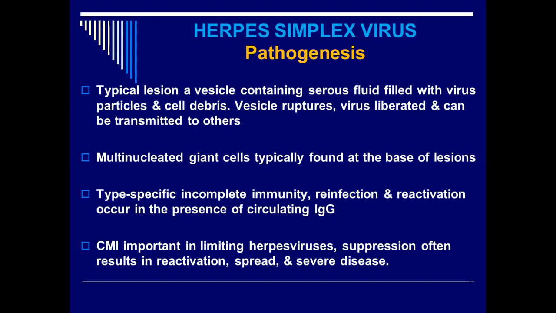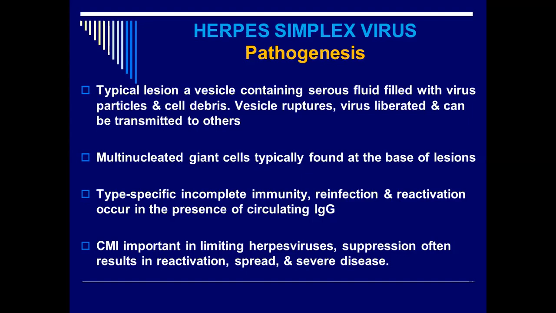The cell-mediated immune response is important in the limitation of these herpes viruses. If the immune system is fully functional, the herpes virus infection can be limited. The suppression of the cell-mediated immune response results in the reactivation and the spread of severe disease.